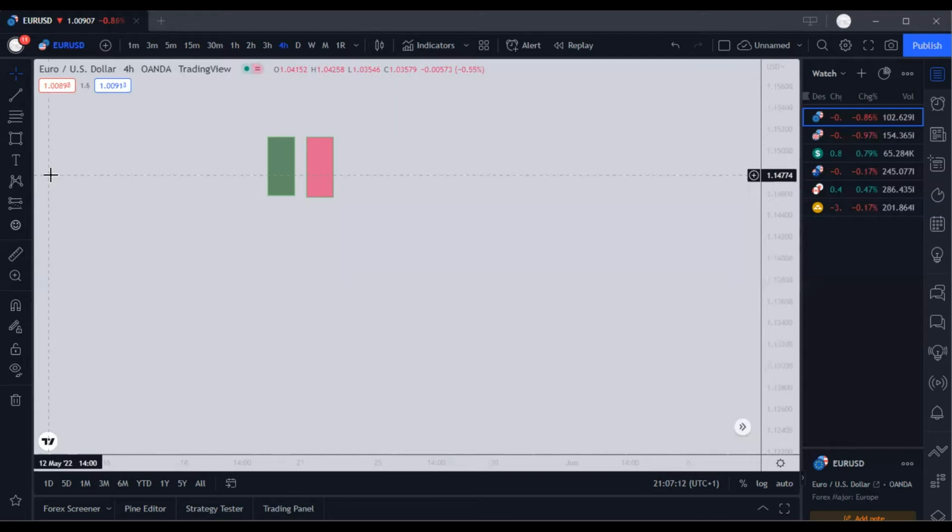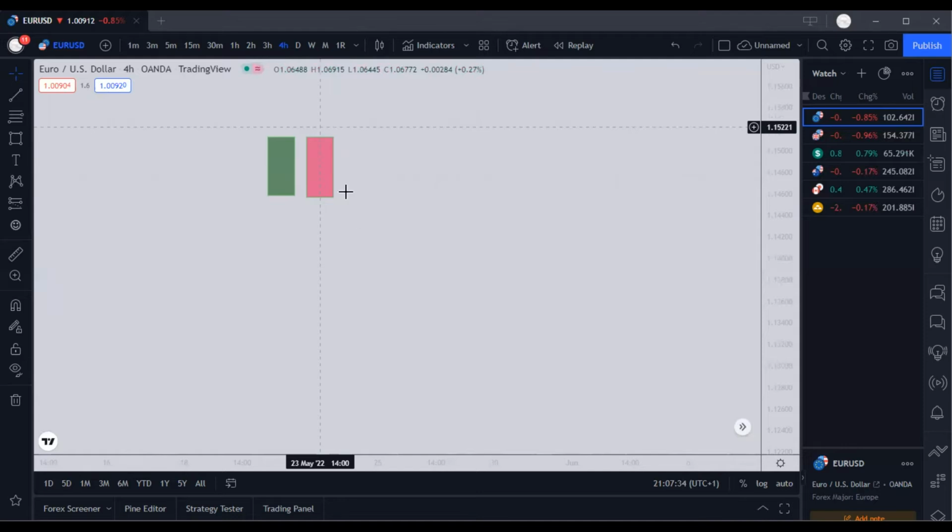So don't consider the wicks, just consider the bodies. They are almost of the same size. So when you see this happening at a resistance, or while looking for a confirmation, please take your sell. It's going to sell.